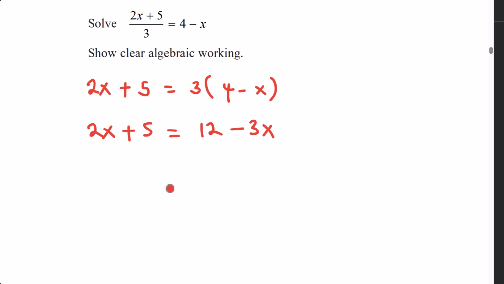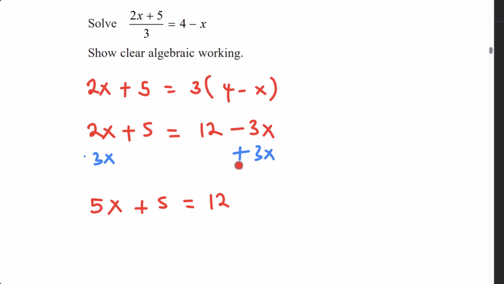3 times 4, which is 12, and 3 times x, 3x. So now what I want to do really here is I want to add 3x on both sides. And when I do that, I'll have 2x plus 3x, which is 5x, plus 5, and 12.